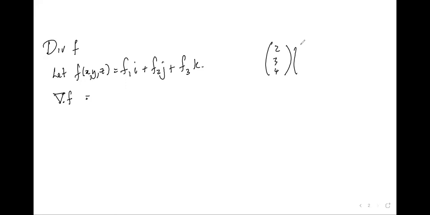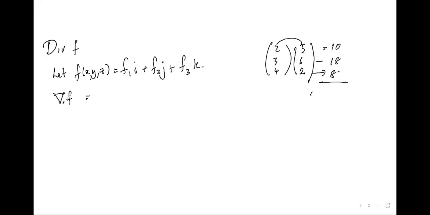If we let the function be equal to something, if we take the dot product, then remember when we had vectors, the dot product was taking these two, multiplying them, and then adding them together.